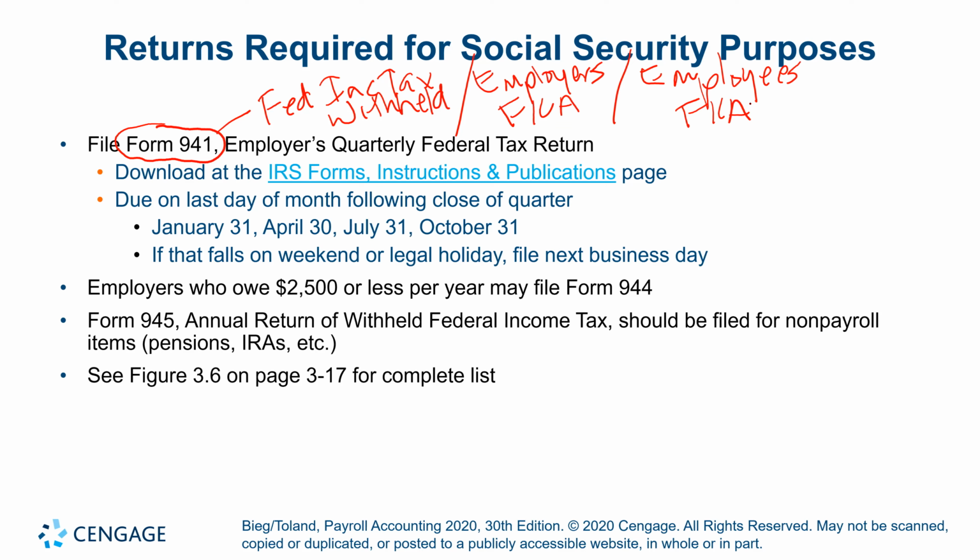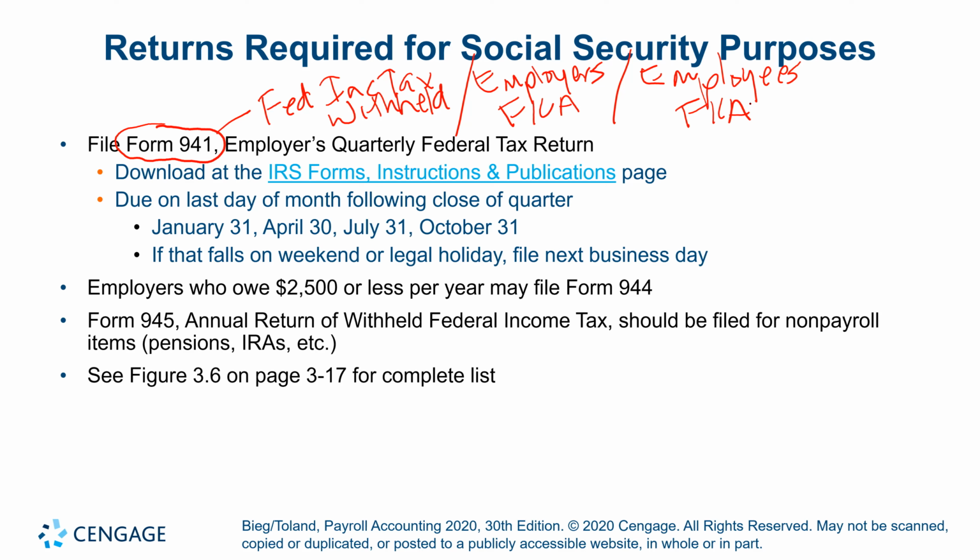For those of you that had me for Principles of Accounting 2, we have already got some practice with this together. But again, we get more practice with it in chapter 3. It's due on the last day of the month following the close of the quarter. This is a quarterly return that has to be filed.